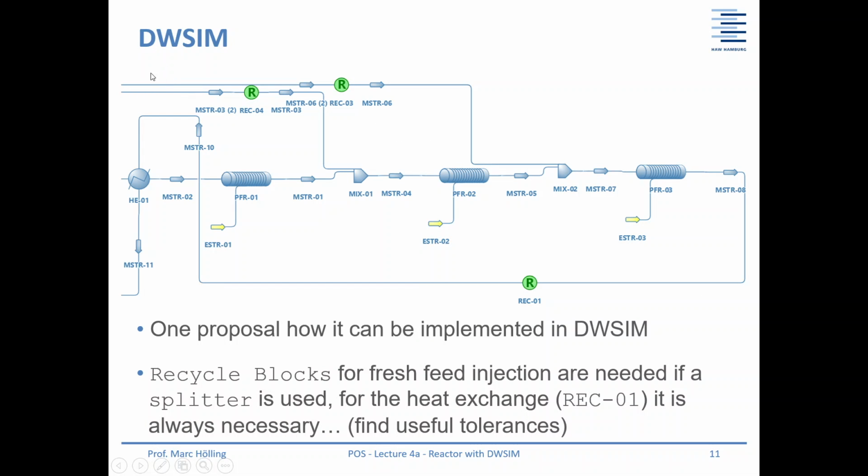And if you want to do it with a splitter beforehand, then you might need a recycle block so that DWSim knows the values to calculate it. For the recycling here, I'm quite sure that you will need a recycling block, otherwise it will not work. And for the recycle blocks, it's important to find useful tolerances. You will see that here we have high mass flows, and maybe the default value there is not the best, but this you might find out by trial and error.